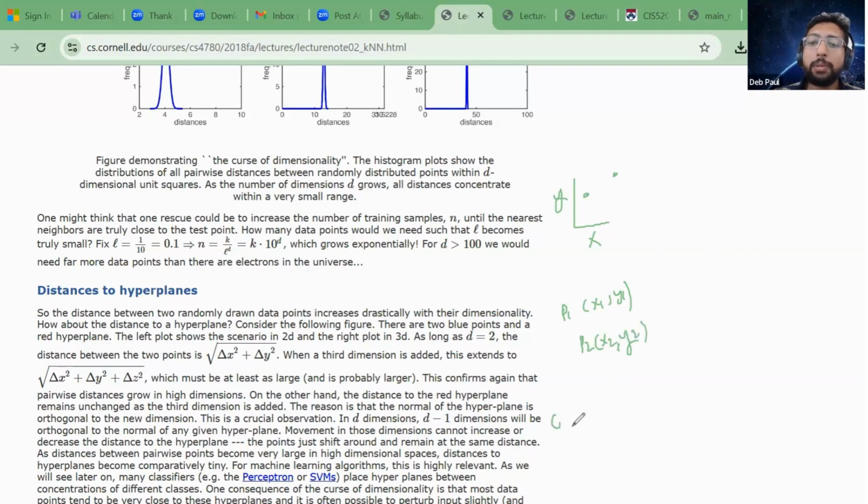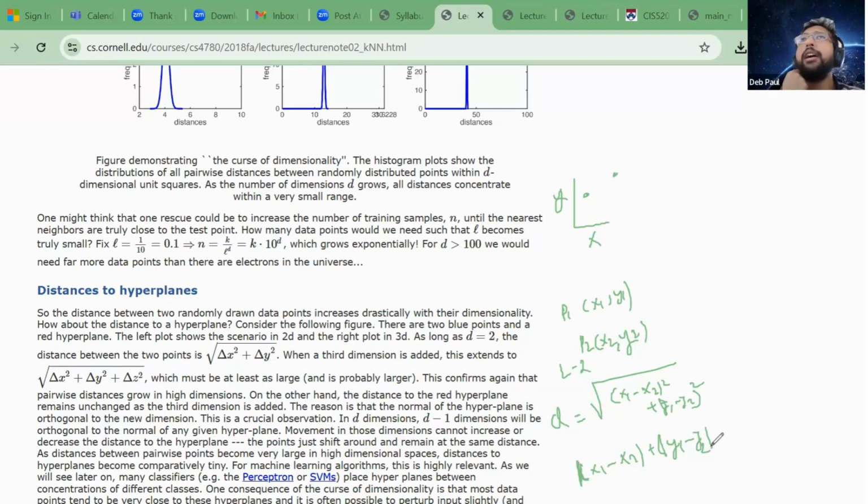Usually the distance between these 2 points is the square root of (x1 minus x2) squared plus (y1 minus y2) squared, right? This is the L2 distance, also called Euclidean distance. You can also take the absolute value of x1 minus x2, plus the absolute value of y1 minus y2. This is the L1 distance, also called Manhattan distance.